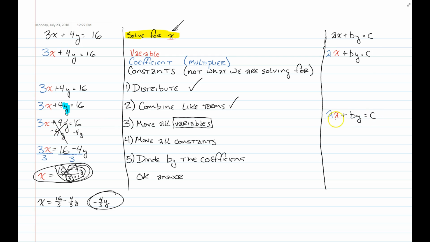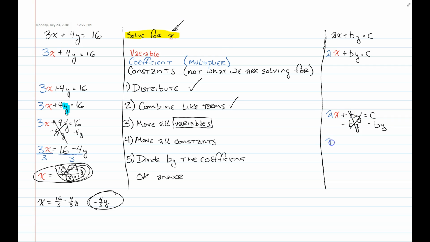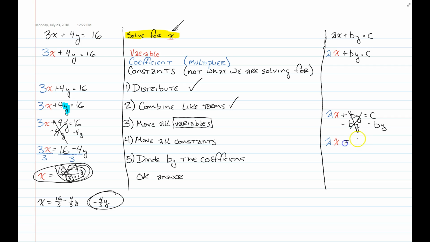Just as I did over here, I'm isolating my variable, so I'm going to move the by, which, again, for all intents and purposes in this case are constants. Those terms cancel out, which leaves me with ax equals c minus by.